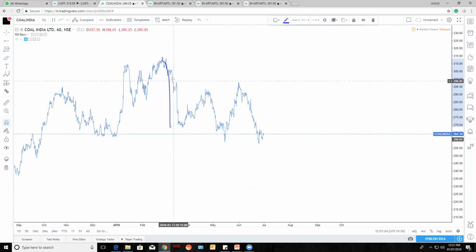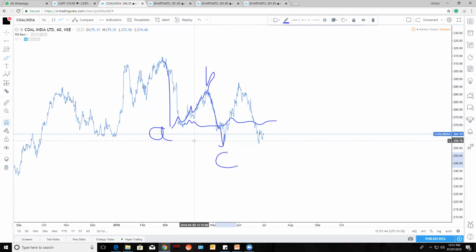Internally, let's say this is 1, this is 3, 4, and 5 here. After that there is a correction, and after that one more fall. This fall went beyond the beginning of A. So that is A, this is B, and this is C. So the rule is applicable here: B is not moving beyond A, and C went beyond A, and B cannot cross the beginning of A.